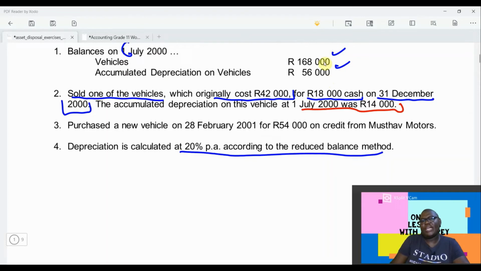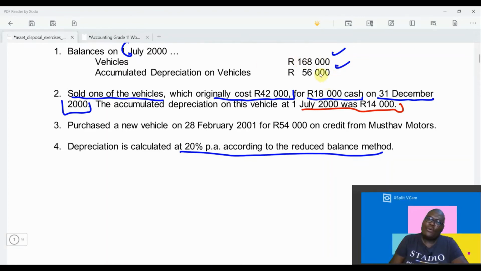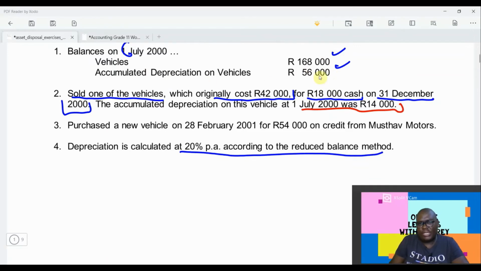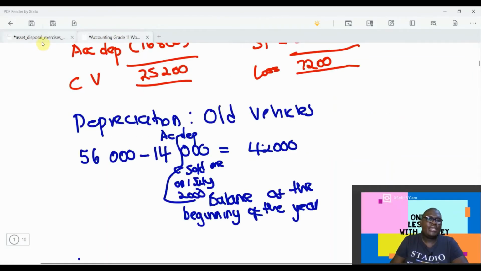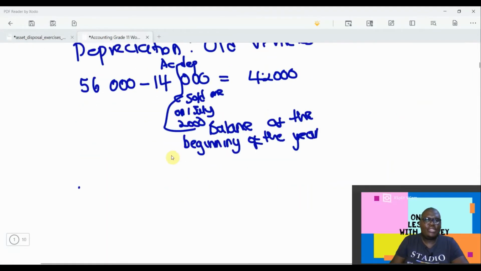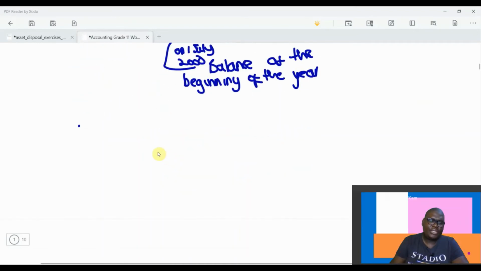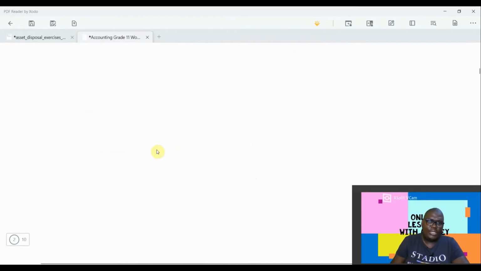Remember, the cost price of vehicles at the beginning was 168,000, right? So from this accumulated depreciation, we subtracted the opening balance of the one that was sold. So even here, we must subtract the cost first before we calculate that particular depreciation. So from 168,000, I forgot where I wrote it down.